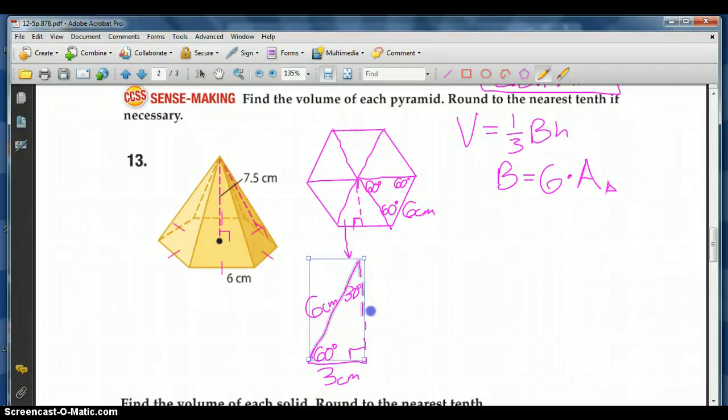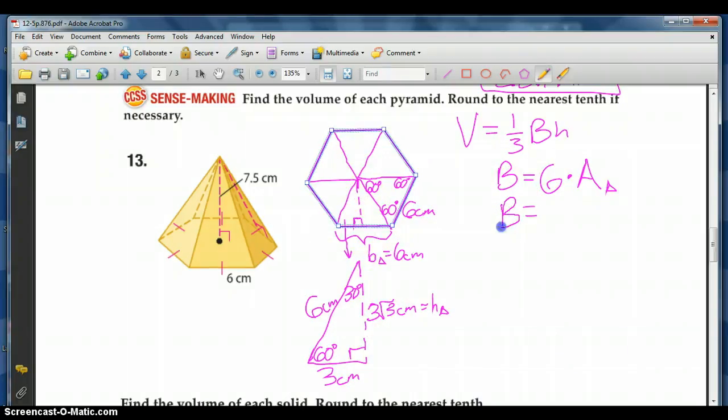If we take that times the square root of 3, we get our long leg, which ends up being the height of the triangle. So the base of the triangle, talking about this entire equilateral triangle, is 6 centimeters. Height of the triangle is 3 square root of 3 centimeters.